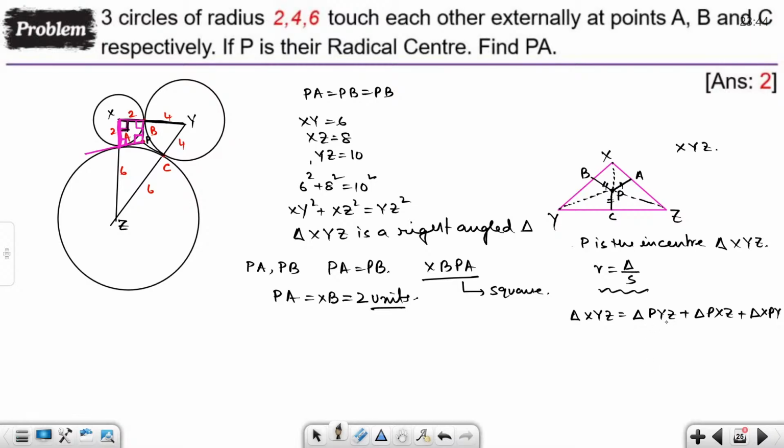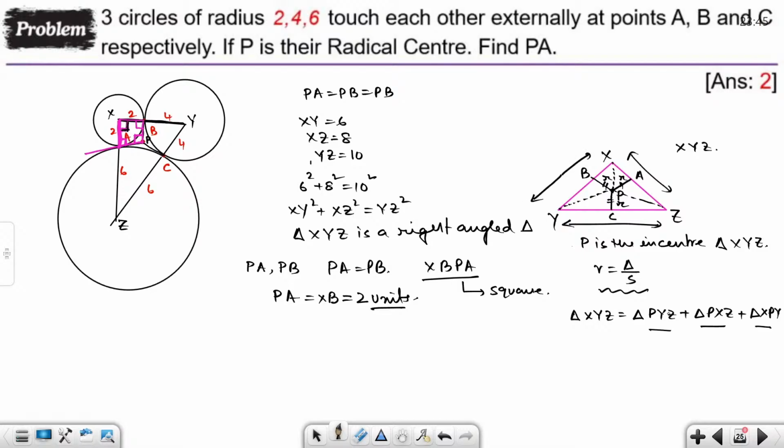For these 3 triangles, you will find half into base into height. Your height is this length PA, PB, PC, which are the same. Let us assume this is R. So half into base into height. For all these 3 triangles, you know the base because all the lengths you know.